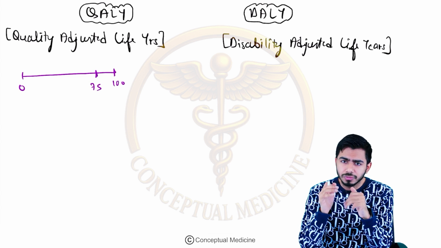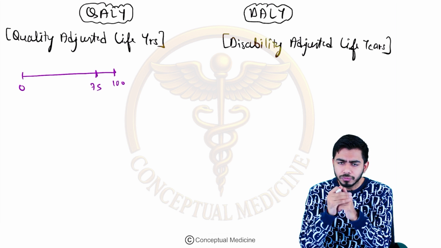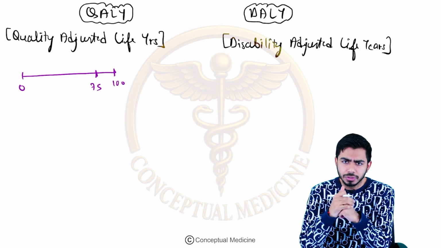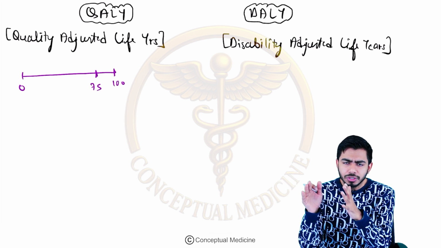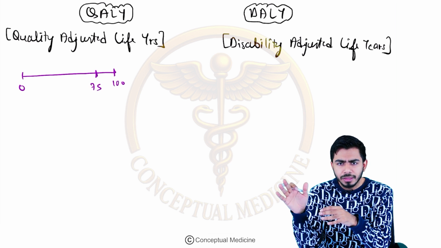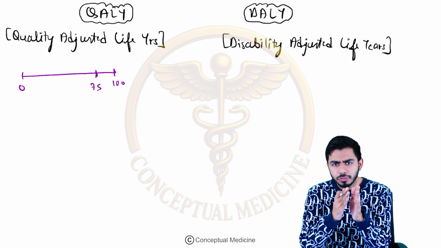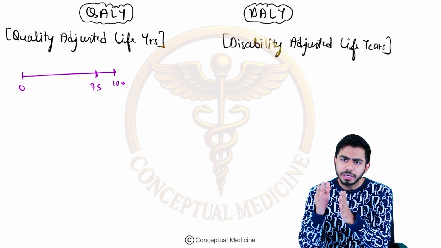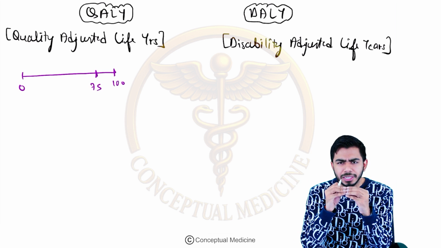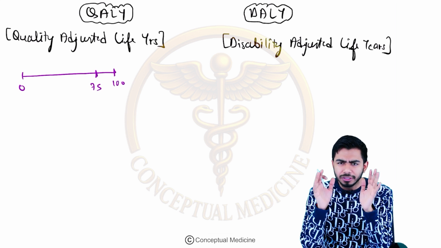I told you the definition of health as well: health is a state of physical, mental and social well-being, and not merely an absence of disease. Only the absence of disease, you can't say this is health. The person should be disease free as well as in a state of physical, mental and social well-being.